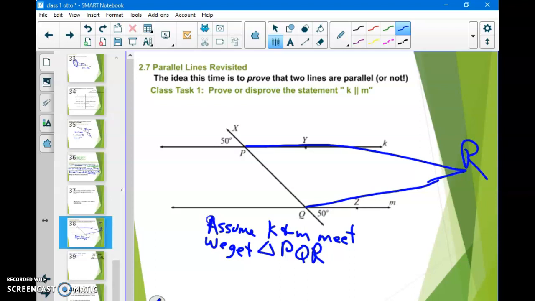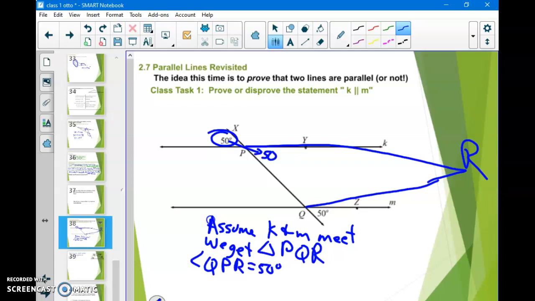And let's do a little bit of math here. We know that if this is a 50-degree angle, then this in here by vertical angles is a 50-degree angle. So we're going to say angle QPR equals 50 degrees.